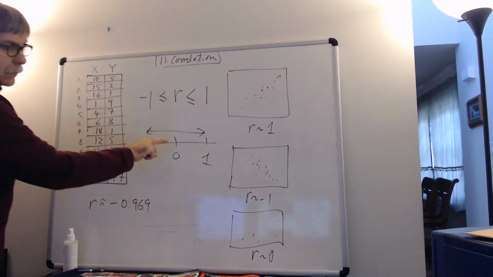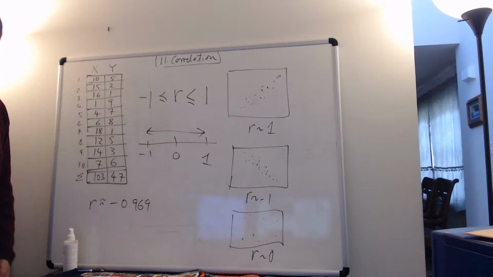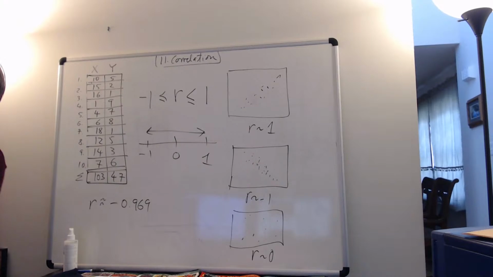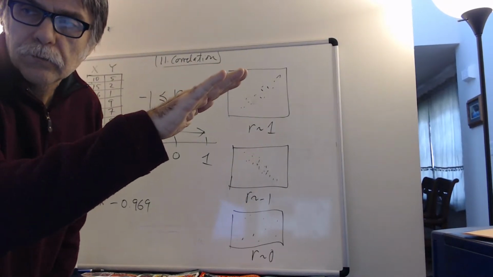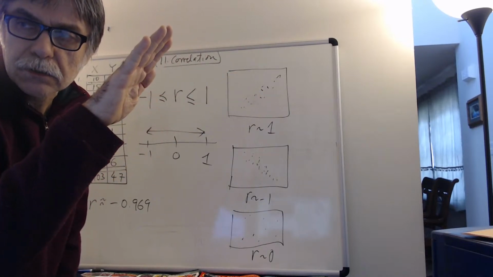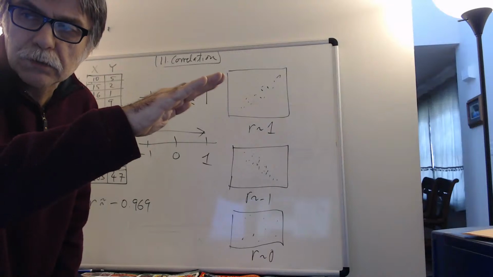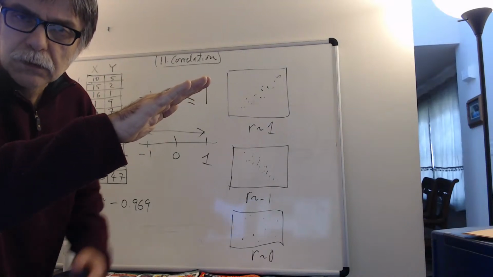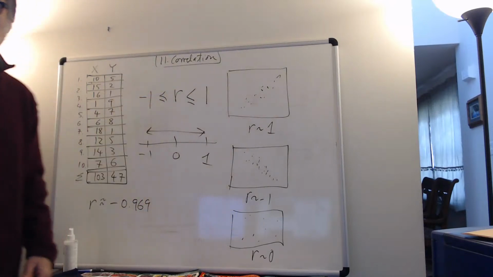If it goes closer to 1, that means you will have a trend that will indicate the bigger X, the bigger Y. It doesn't have to be steep. It could be just a small increase like that. It could be a large increase. But what's going to happen is you're going to have something going from the bottom left to the top right.